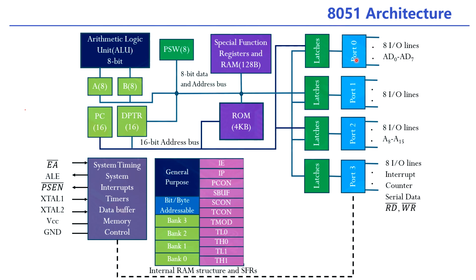If you observe here, port 0 has a dual function. One important thing we need to discuss to understand the port operation: if the 8051 is utilizing its internal memory, that is called standby mode of operation.